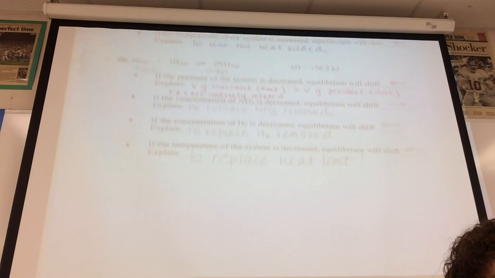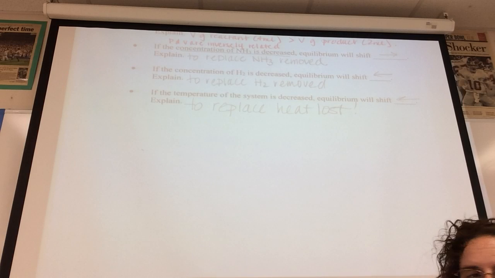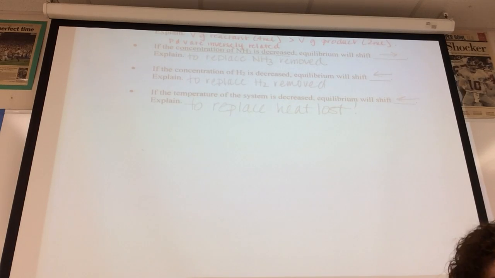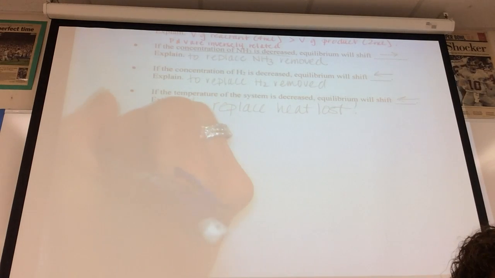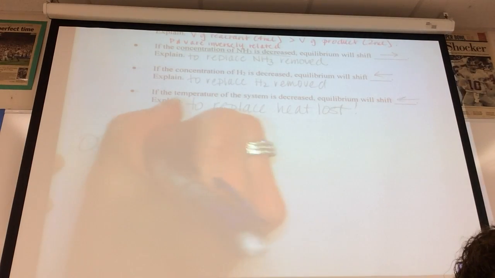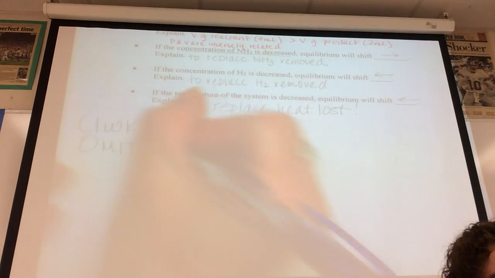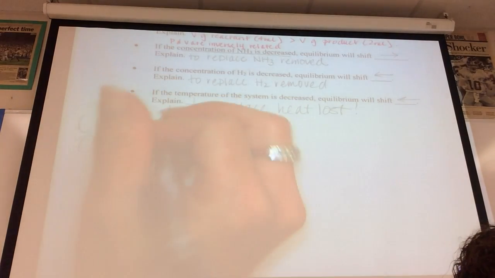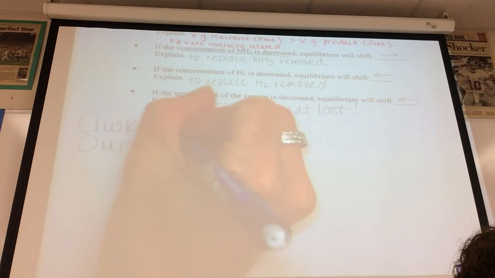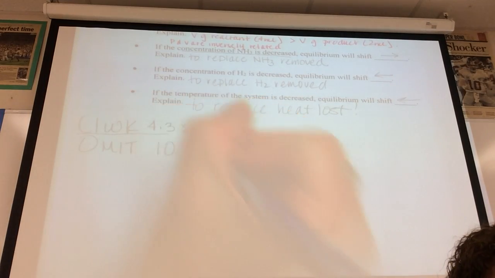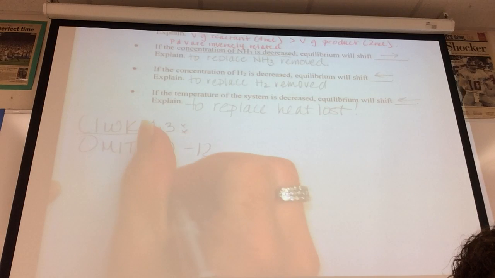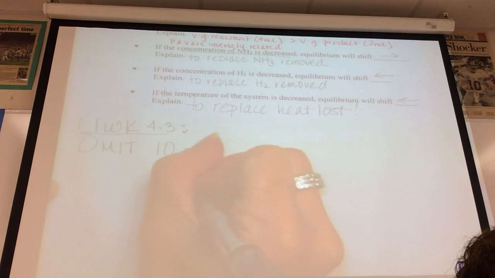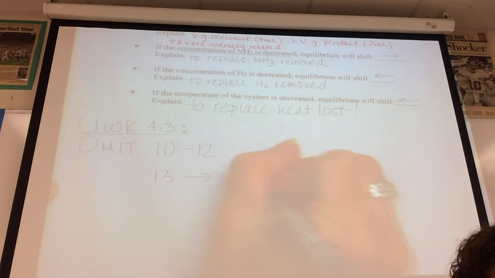In regard to your classwork, I initially said you could do through number 8. You actually could have done through number 9. We are going to omit 10 through 12. Don't scribble it. Some of you may want to do it tomorrow. But now you can do 13 to the end.